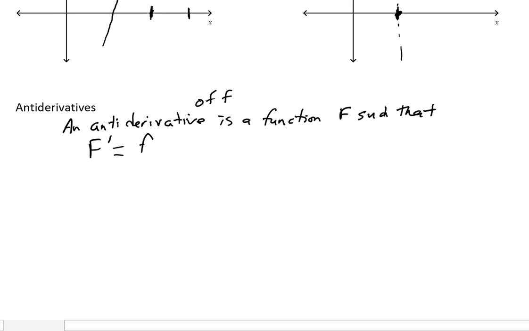But basically right now we are drawing antiderivatives, and later on we'll actually find some formulas for antiderivatives in the way that we find formulas for derivatives. We're not quite there yet. So this is an antiderivative.